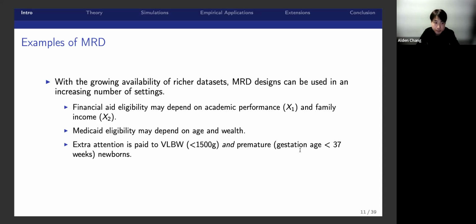And finally, another example, going back to the example on newborns: extra attention is not only paid to very low birth weight individuals, as we saw that was the RD that Almond et al. used, but it also depends on whether the baby is classified as premature, and that's usually defined as a gestation age of less than 37 weeks. So again, we have two running variables and a potential MRD design.